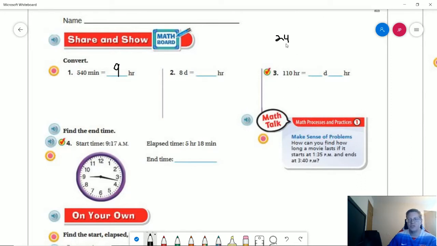We would have 120 for this. So we're going to have 4 days, and if I did my multiplication, that would give us 96 hours, which means we have 14 hours that we need to account for. So 4 days and 14 hours would equal 110 hours.